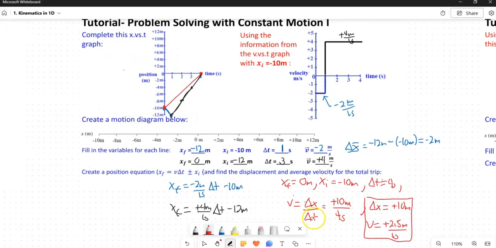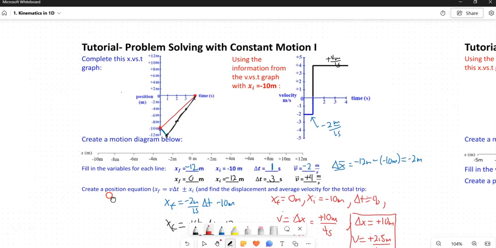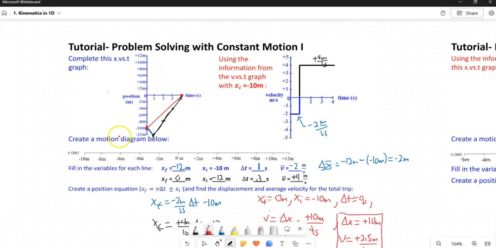So let's go ahead, and from all the information we had, we're going to do our motion diagram. And we only have to do the motion that's given. We don't have to do the whole trip. So starting off, it starts off at negative 10 meters. And I didn't give you the whole thing.